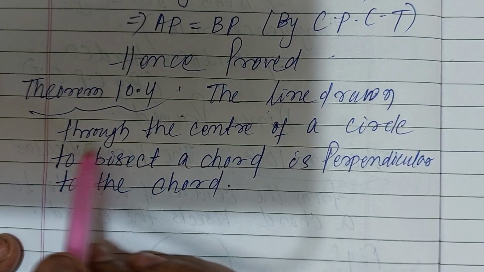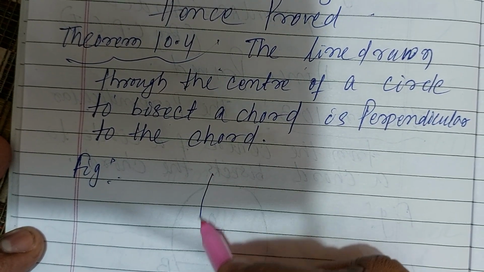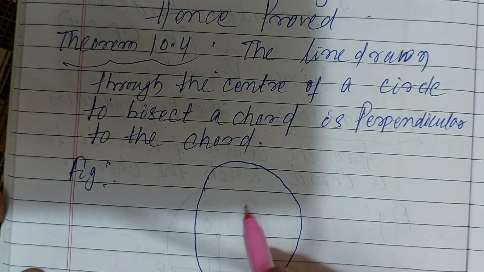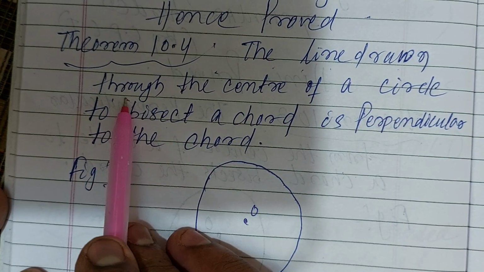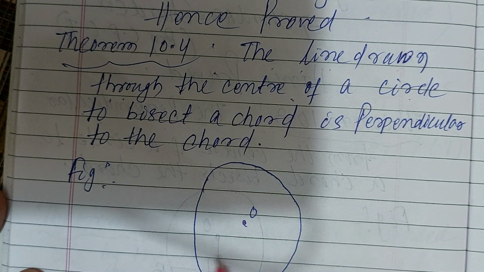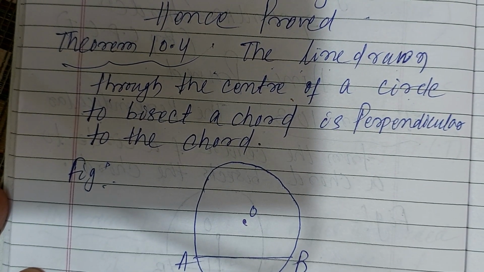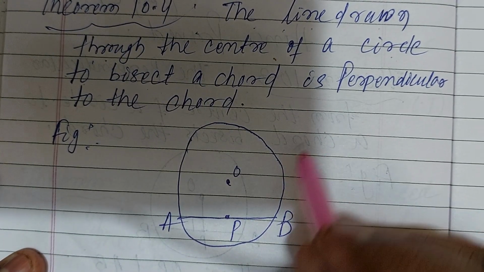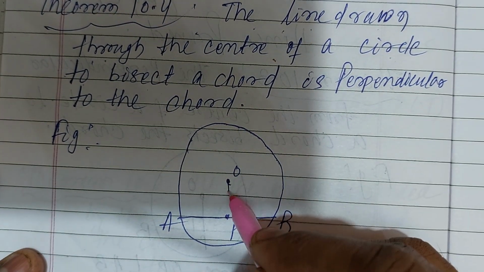The line drawn through the center of a circle, that means the circle is drawn, is necessary to prove this theorem. O is the center of the circle. The line drawn through the center of a circle to bisect a chord, that means AB is the chord, P is the midpoint here. The line segment joining the center to the bisected chord is OP.